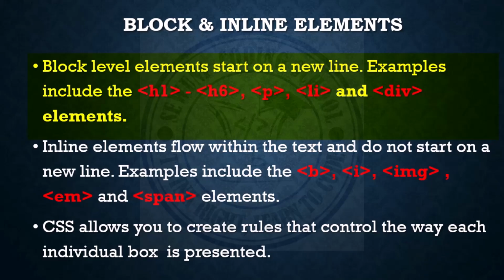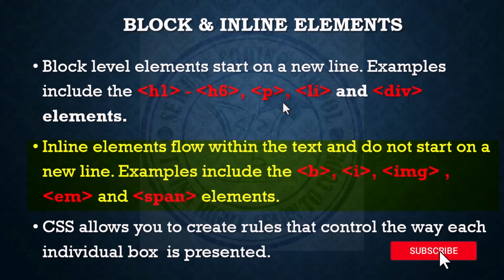These are called block level elements because when you apply them in your code, the content between them starts on a new line. Whilst inline elements flow within the text and do not start on a new line. Examples of inline elements include the bold, the italic, the image, the emphasis, and the span.